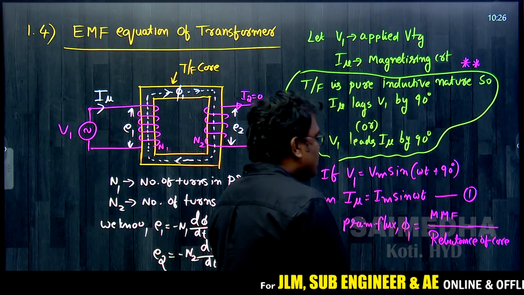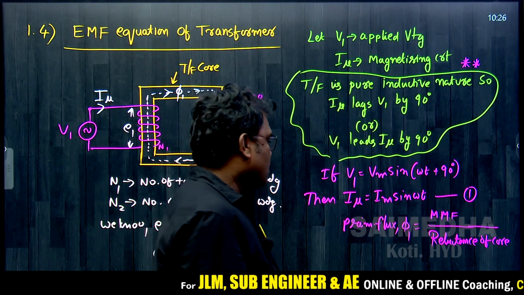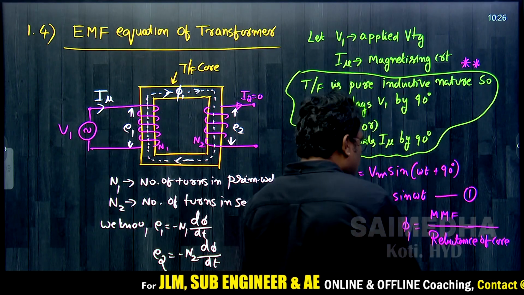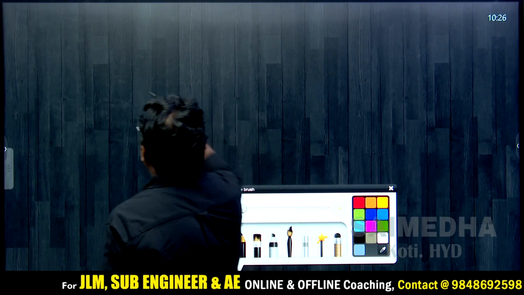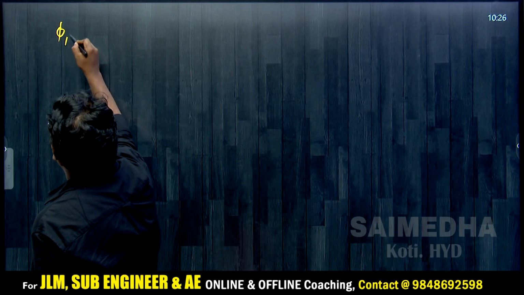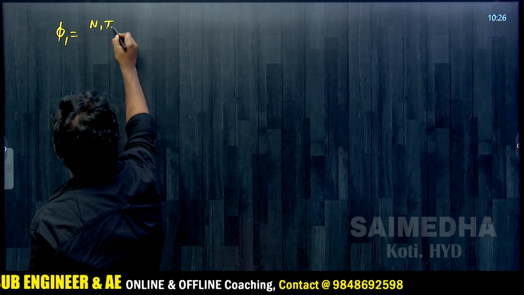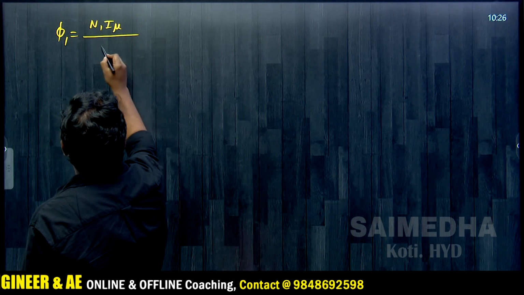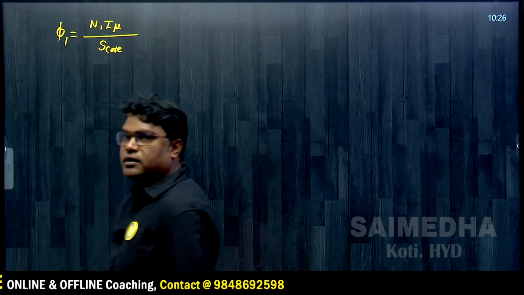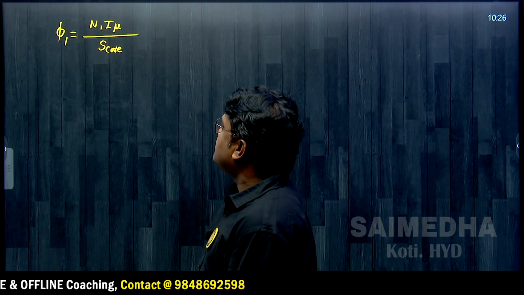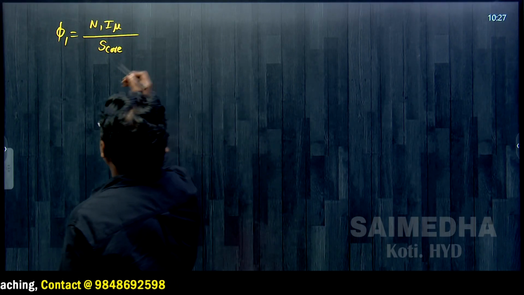The mmf we can write as the number of turns multiplied by the magnetizing current, and S is the reluctance of the core. So the flux phi 1 is equal to the number of turns multiplied by the magnetizing current, divided by the reluctance of the core. Reluctance is represented by S.